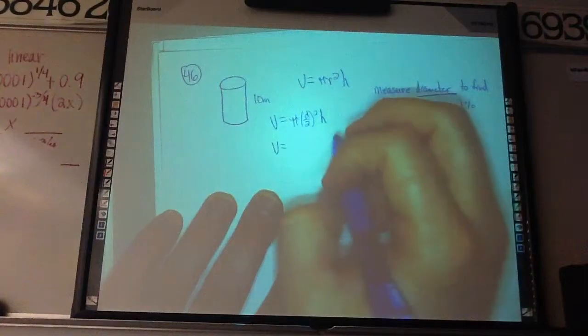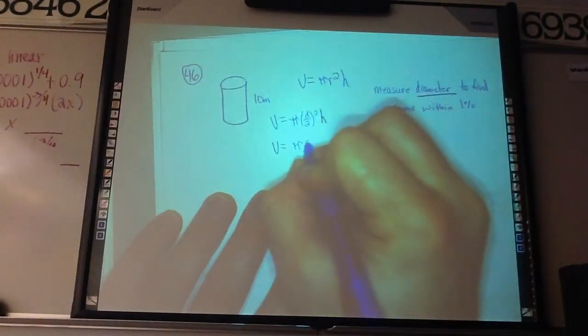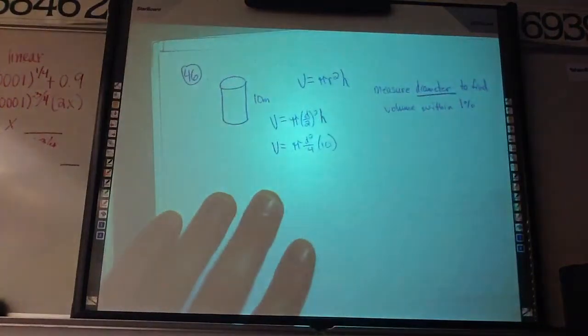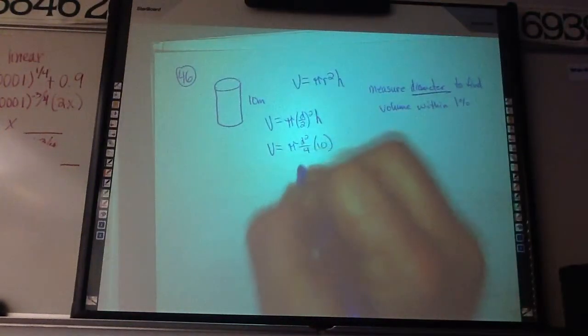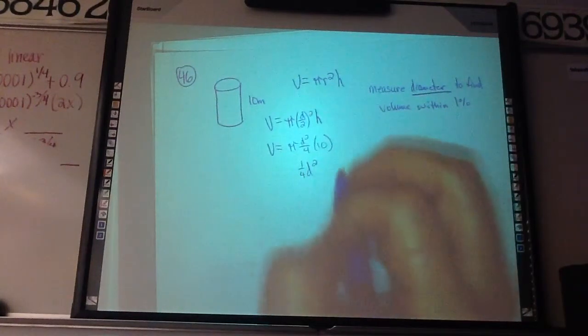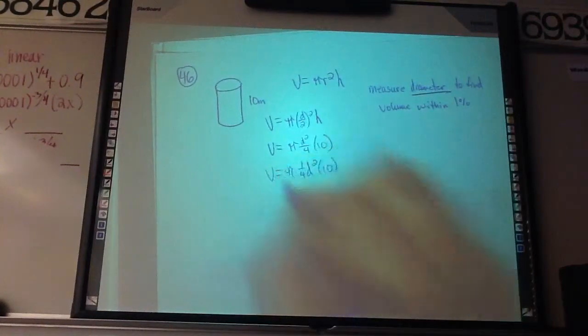D squared over 4. Isn't that the same as 1/4 D squared times 10 times pi? I haven't even done the derivative yet, I'm just rewriting.